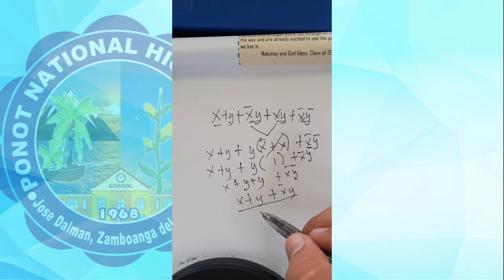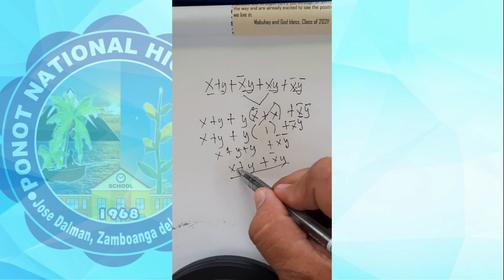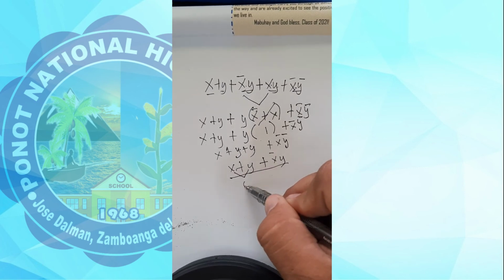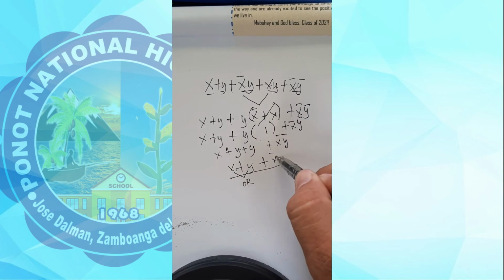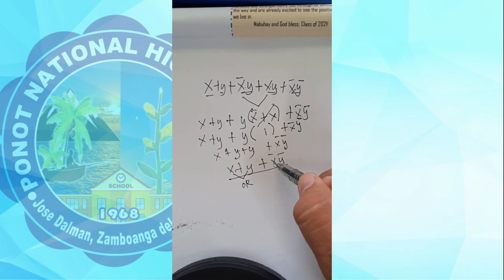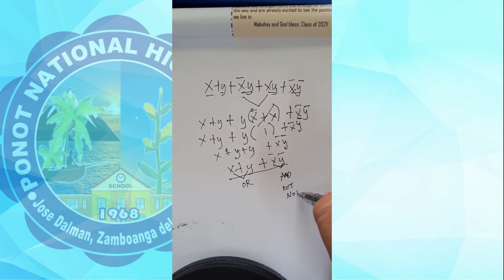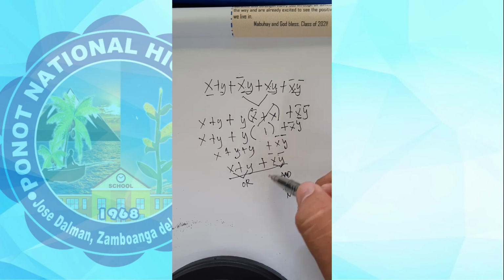So, in this case, ano na lang ang components na kakailanganin natin? X and y, that is OR gate. X bar, y bar. So, dito, that is AND gate. Then, dalawang NOT gate kasi x bar, y bar.